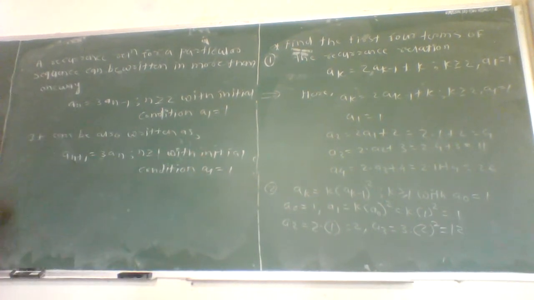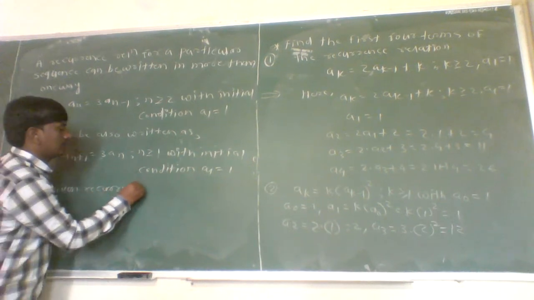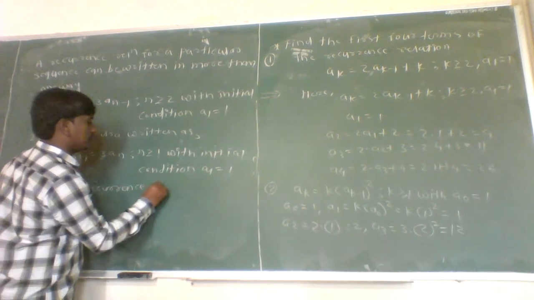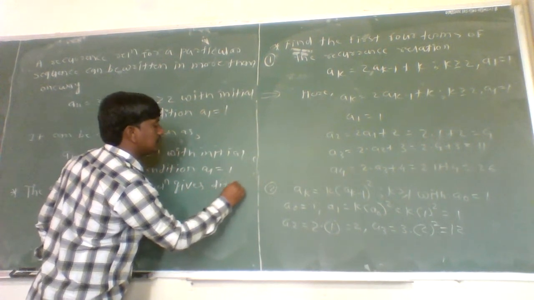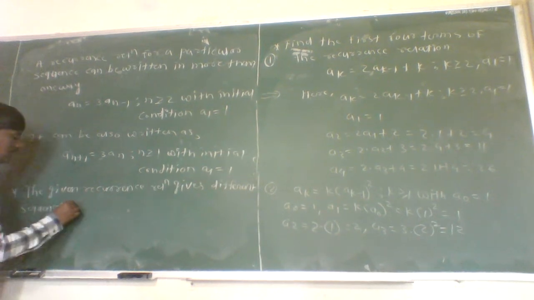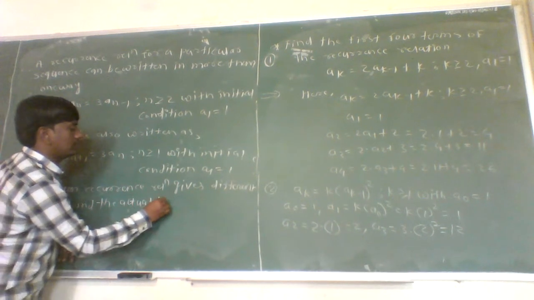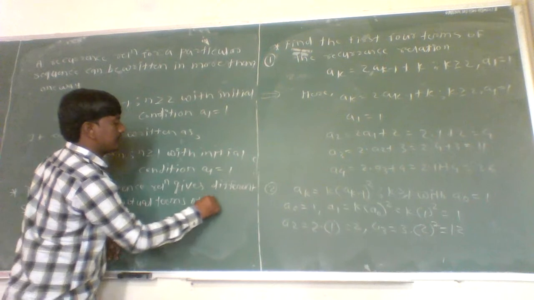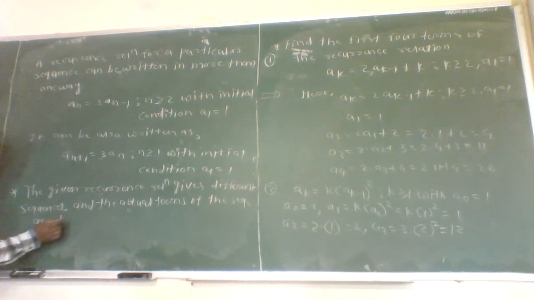Okay. Now, similarly, the given recurrence relation gives different sequences, since the actual terms of the sequence are determined by initial conditions.